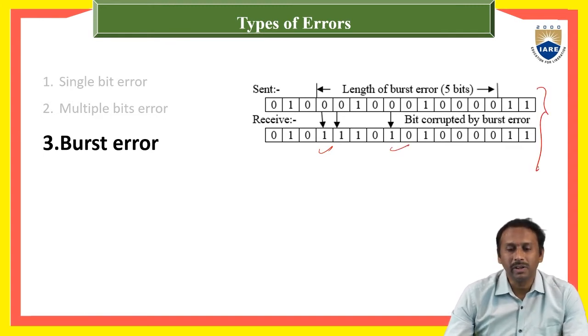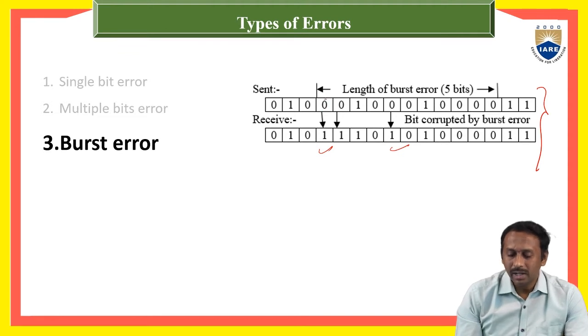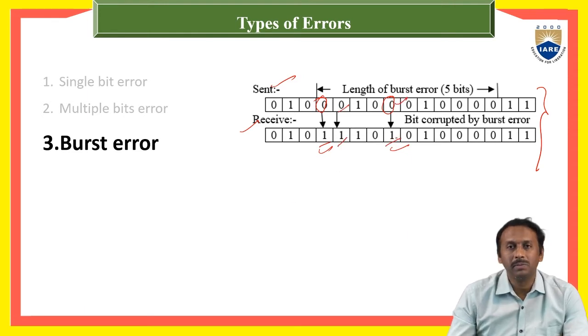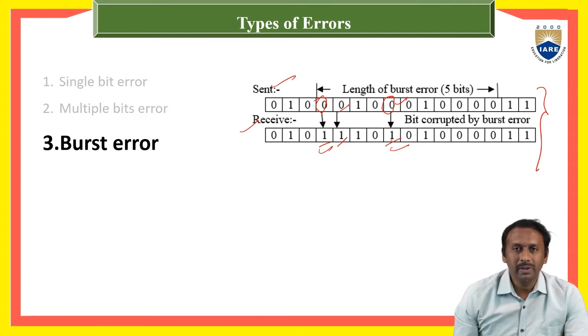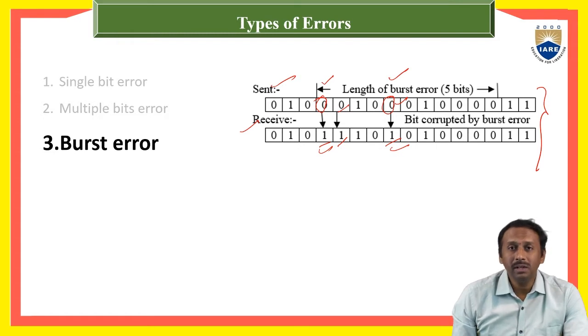In this particular frame, the starting error bit and ending error bit. See here, this is sent and this is received. Instead of 0, it will be 1. Again instead of 0, it will be 1, and again instead of 0 it will be 1. Like this the error bits appear on the receiver side, from the starting bit to the ending bit.